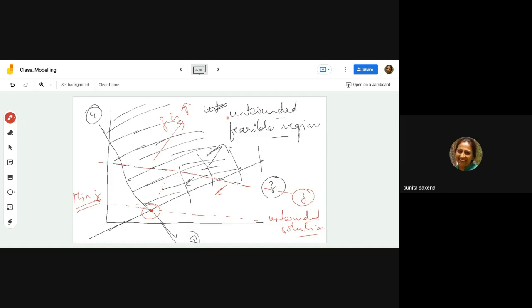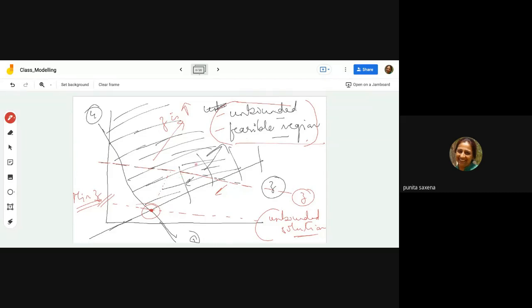So in this case it has a unique solution. Okay, so what needs to be seen here is that the moment you end up with an unbounded feasible region, it does not always mean that the problem has an unbounded solution. Even an unbounded feasible region can give you a solution, provided your problem is minimization type. Is this clear or not?